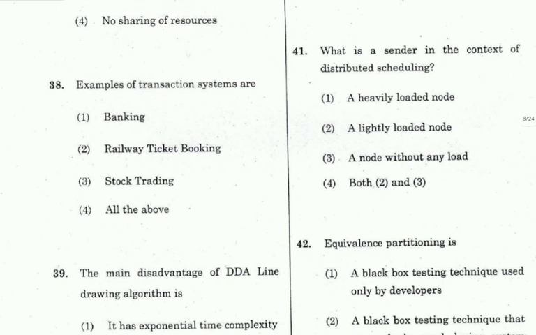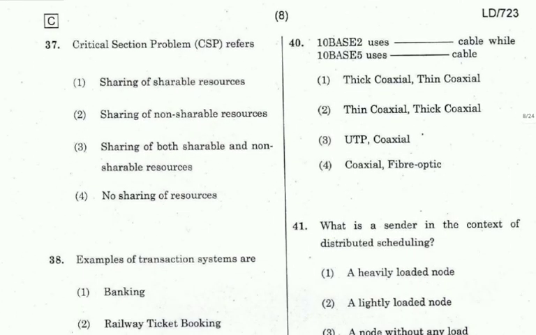Next. 48. 10Base2 uses dash cable while 10Base5 uses dash cable. So 10Base2, which is a cheaper net, uses the thin coaxial cable that supports up to 185 meters, whereas the 10Base5 thick Ethernet uses the thick coaxial cable that supports 500 meters.